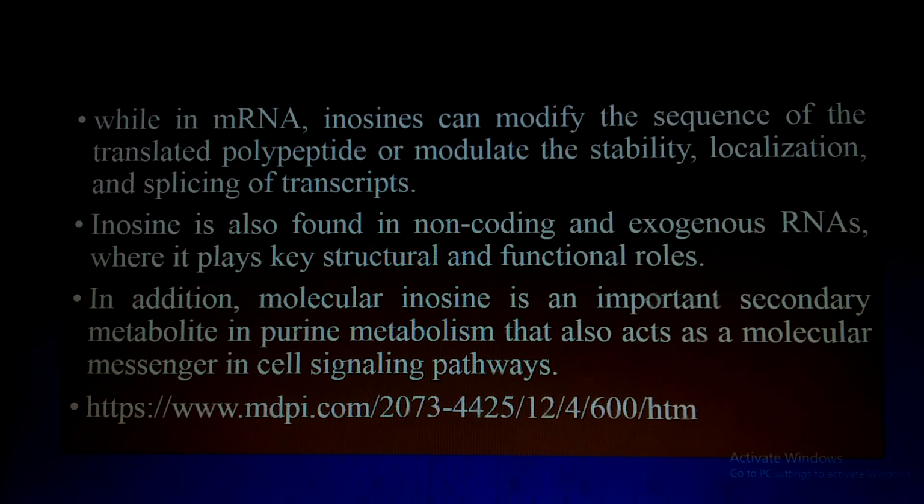While in messenger RNA, inosines can modify the sequence of the translated polypeptide or modulate the stability, localization, and splicing of the transcript. Must keep it in case of the messenger RNA. Is it clear? Now, inosine is also found in non-coding and exogenous RNA, where it plays a key structural and functional role. In addition, molecular inosine is an important secondary metabolite in purine metabolism, as I have discussed, that also acts as a molecular messenger in cell signaling pathways.